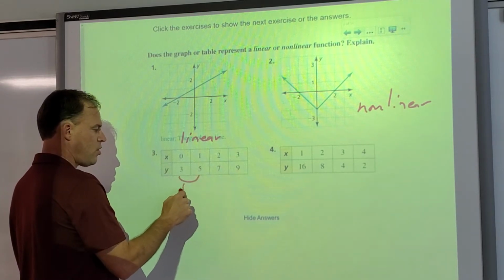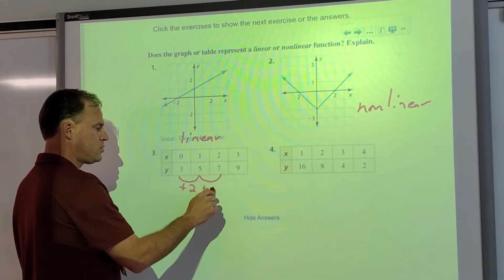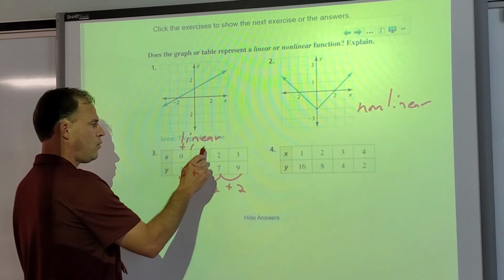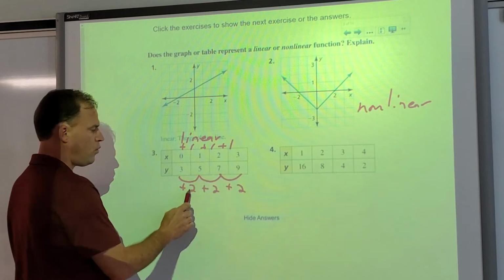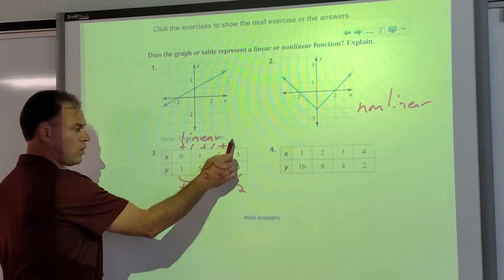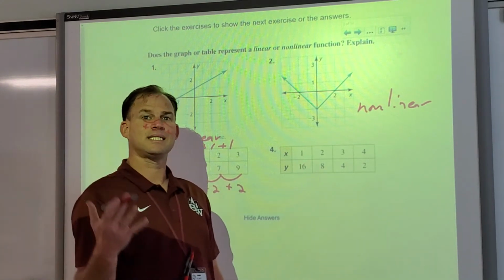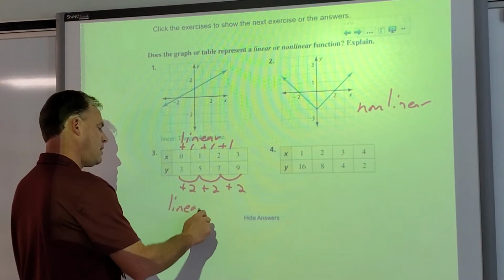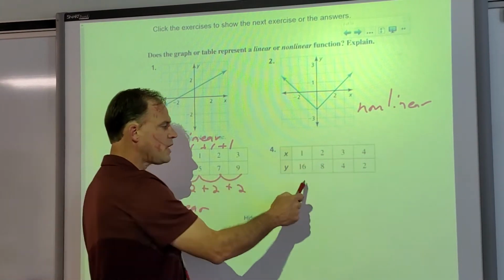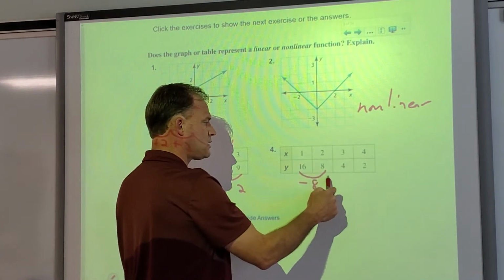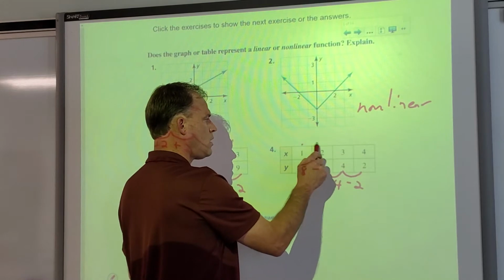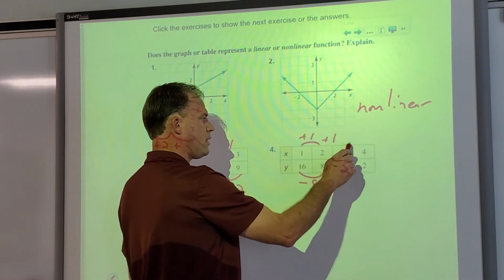Again, I got to look at all of these rates. Up 2, up 2, up 2, up 1, up 1, up 1, 2 over 1, 2 over 1, 2 over 1. That is a consistent rate of change, so that is linear. Here, down 8, down 4, down 2, up 1, up 1, up 1.